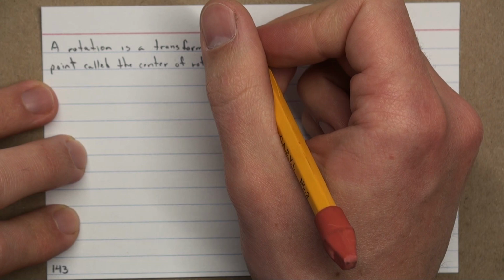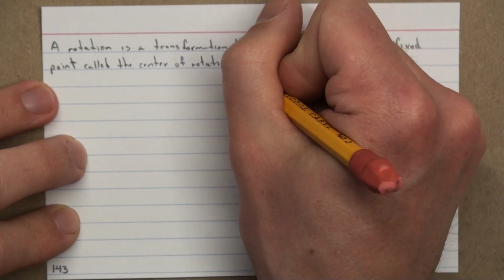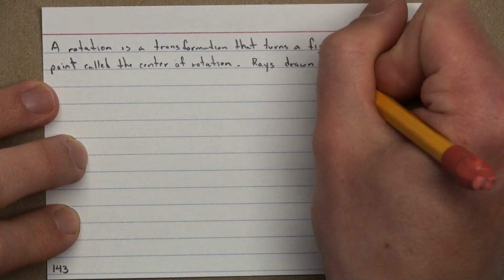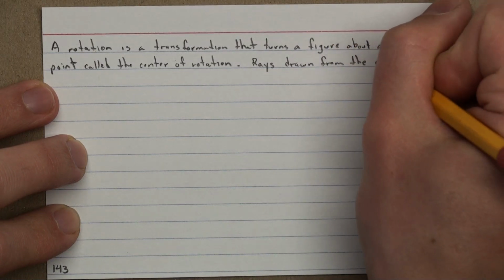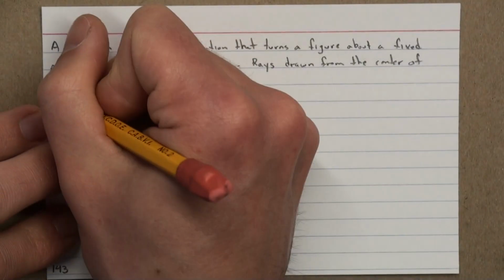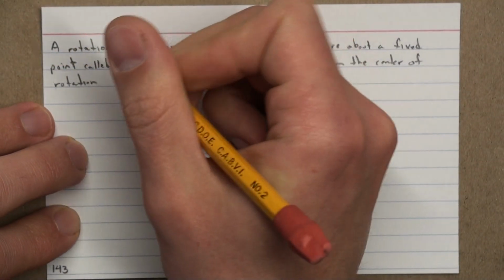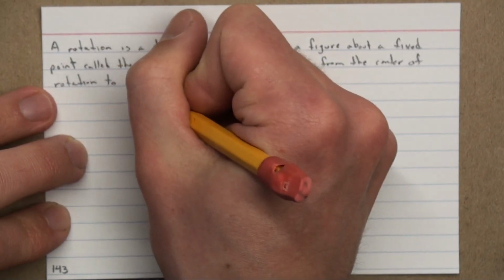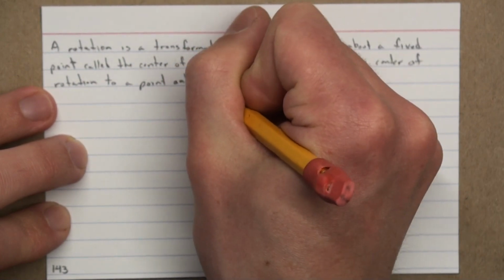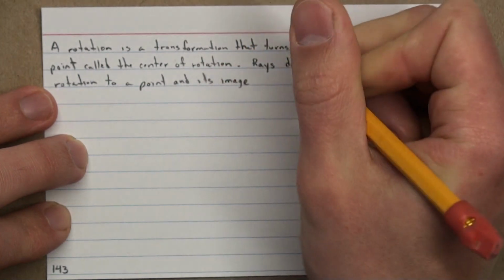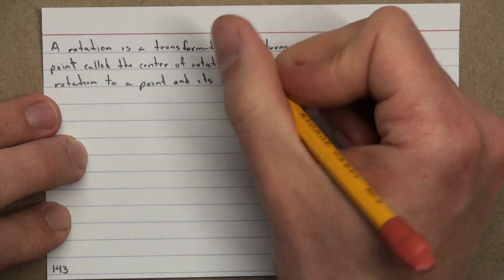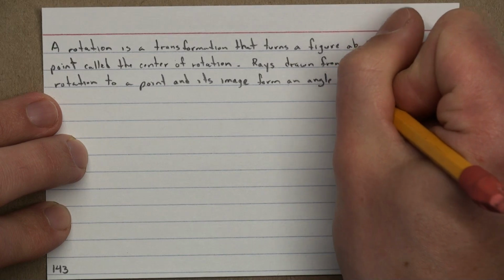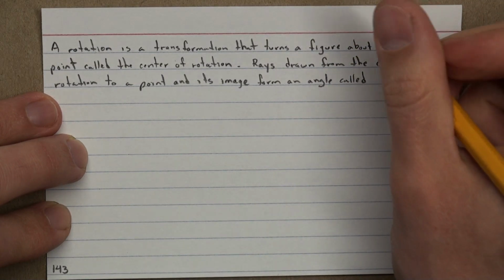Rays drawn from the center of rotation to a point and its image form an angle called the angle of rotation.